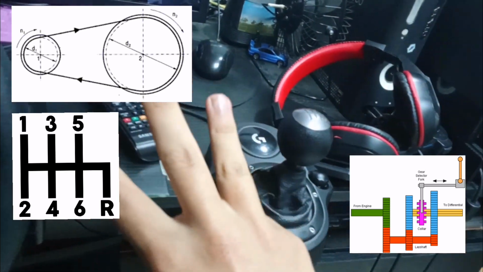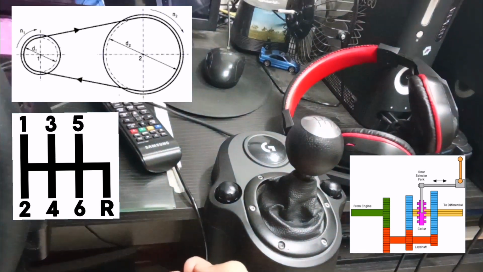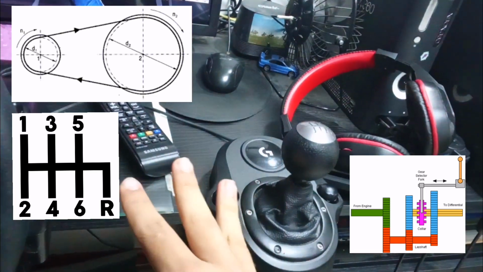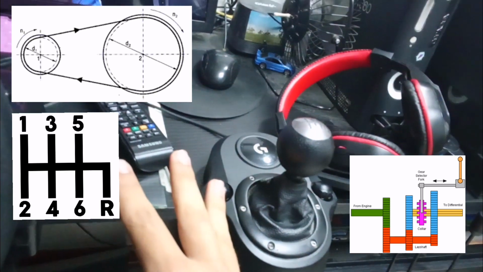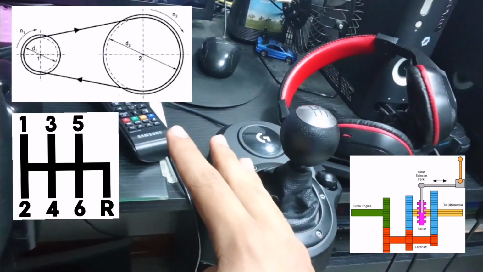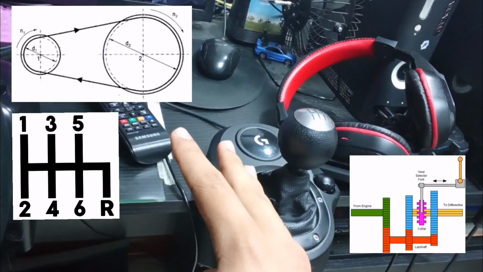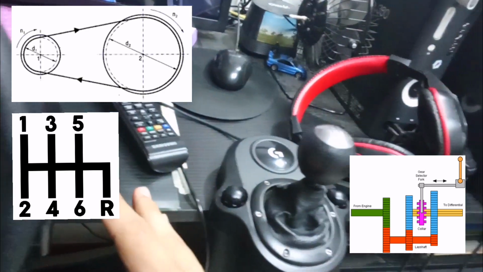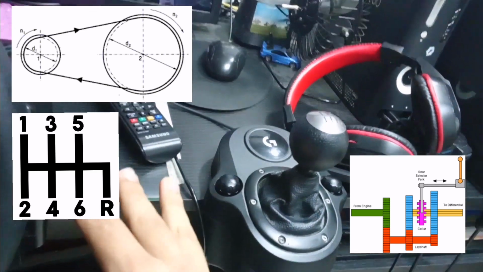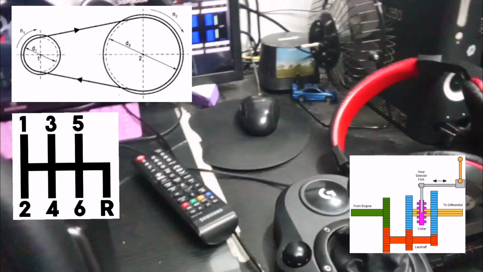Then there is the third gear, which is a lot faster than the two before. And then the fourth has a lot more speed, but as we move up, we will have less force and more speed. If we go back, we'll have a lot more force and less speed. So that's why we change the gears.